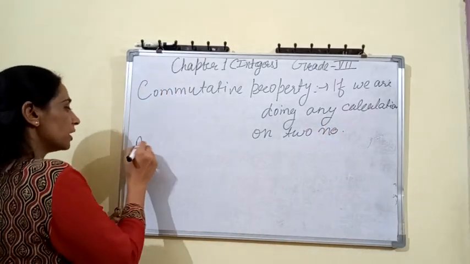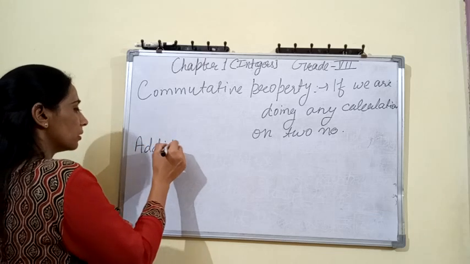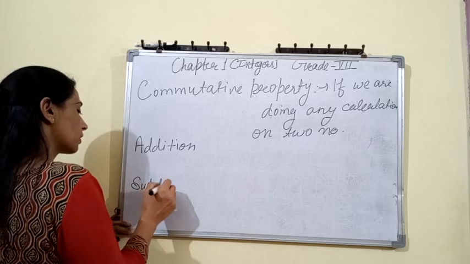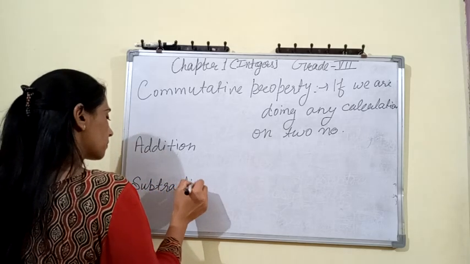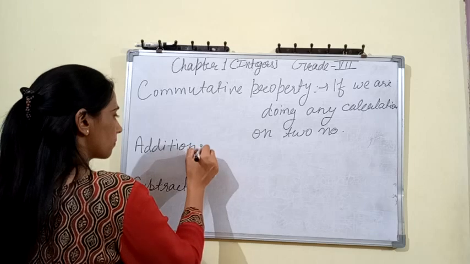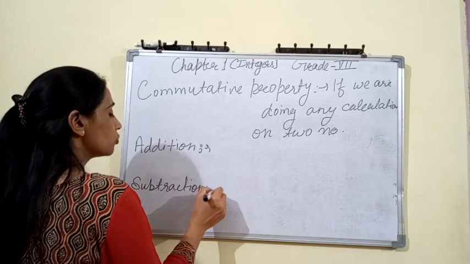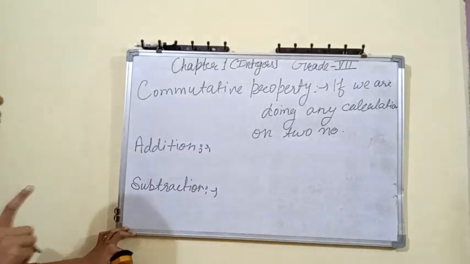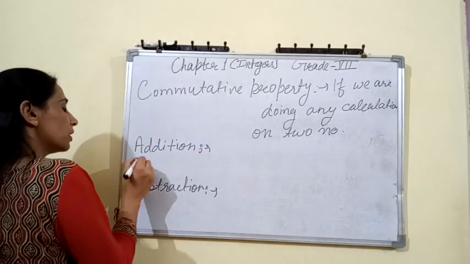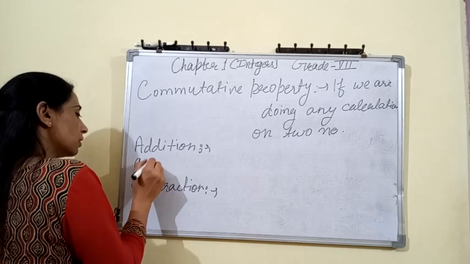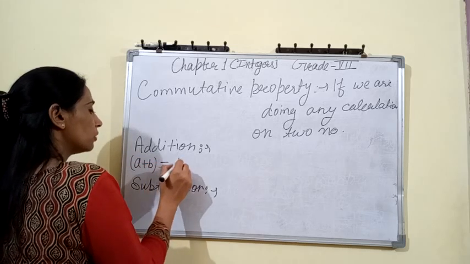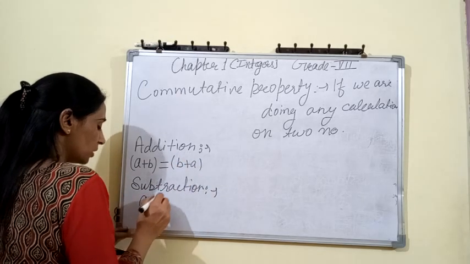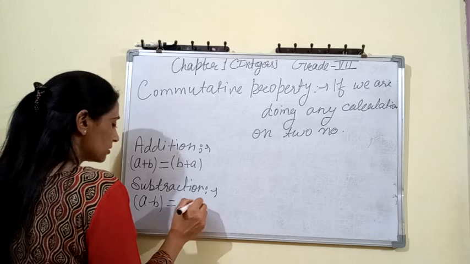So first is for addition. Suppose we are adding two numbers. Another is subtraction. Let us take two integers and add them. According to this property for addition, a plus b should be equal to b plus a, and here a minus b should be equal to b minus a.